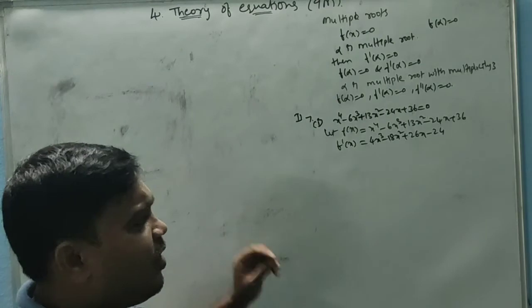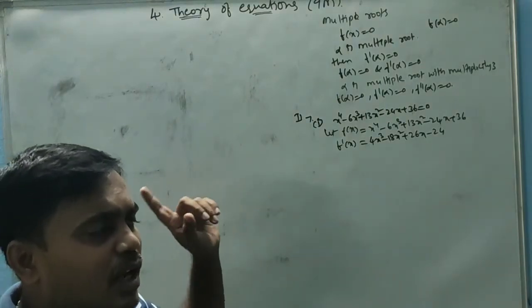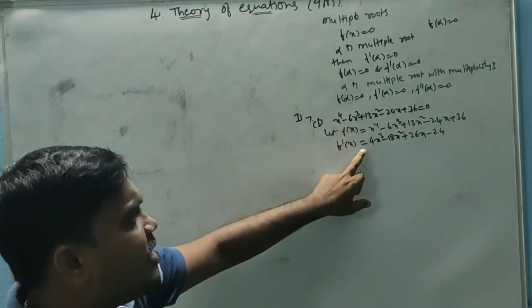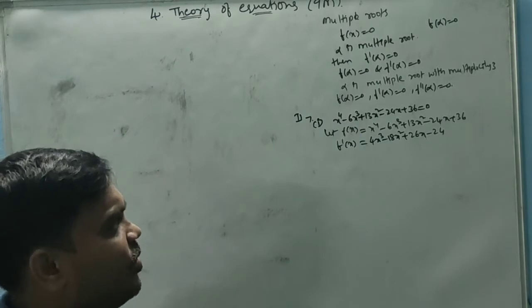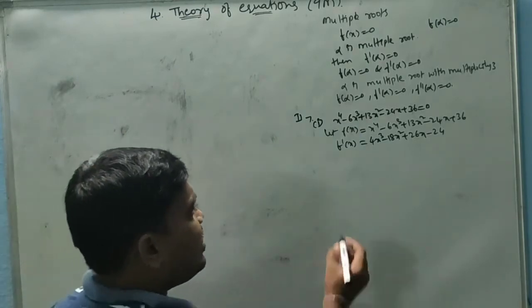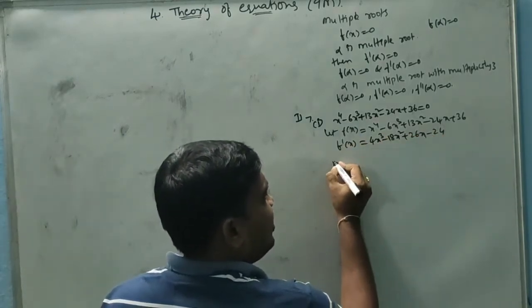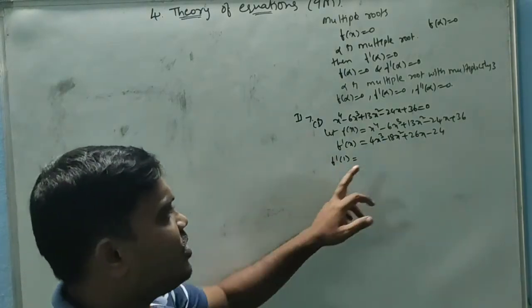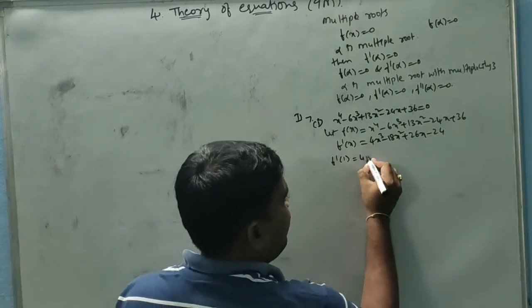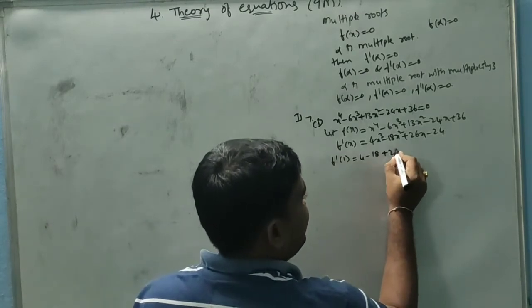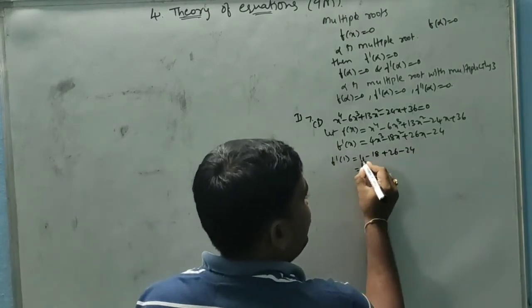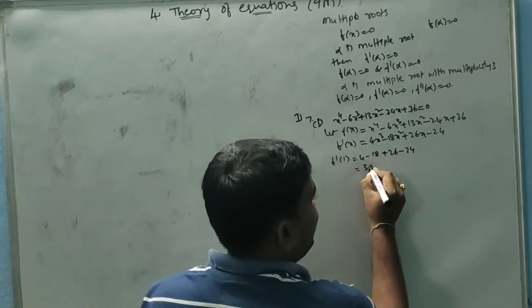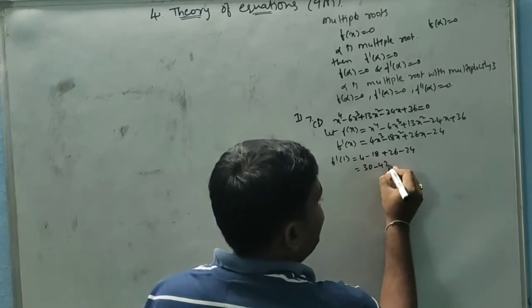So if alpha is a multiple root, alpha satisfies this equation and this equation also. So I want to check by the trial and error method. F dash 1: I simply substitute 4 minus 18 plus 26 minus 24. So 4 plus 26 is 30, minus 42, not equal to 0.